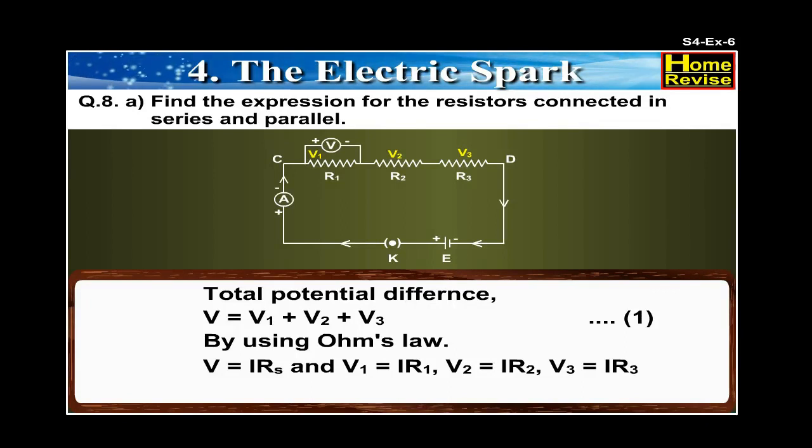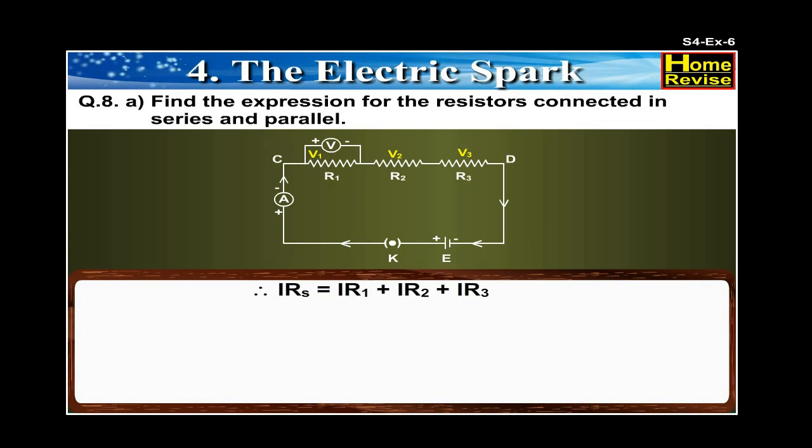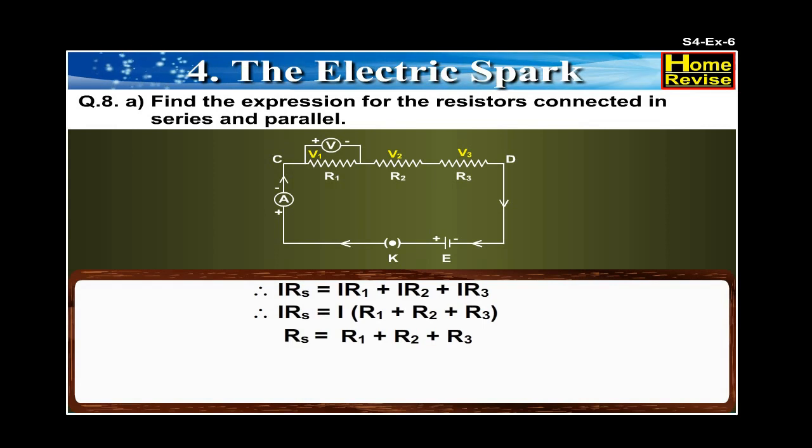V1 is equal to I R1, V2 is equal to I R2, and V3 is equal to I R3. Substituting values in equation first, therefore, I Rs is equal to I R1 plus I R2 plus I R3. Therefore, Rs is equal to R1 plus R2 plus R3.